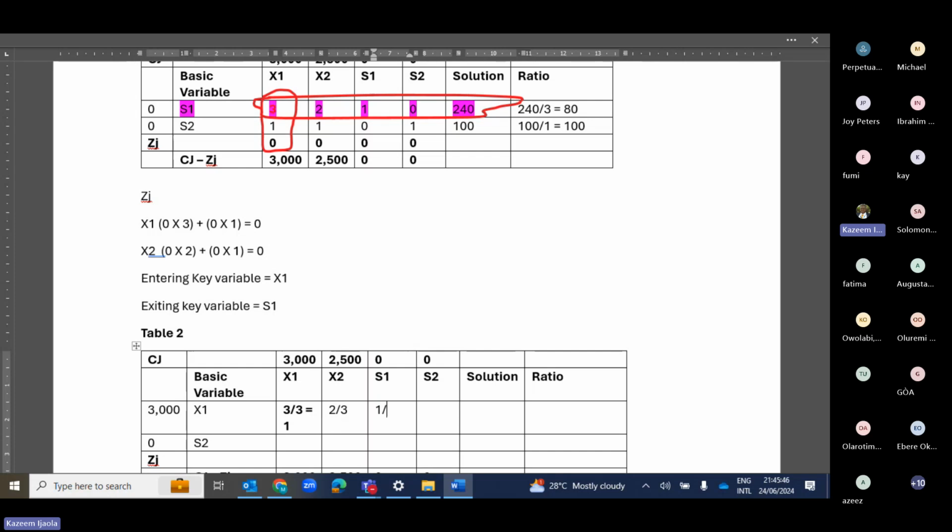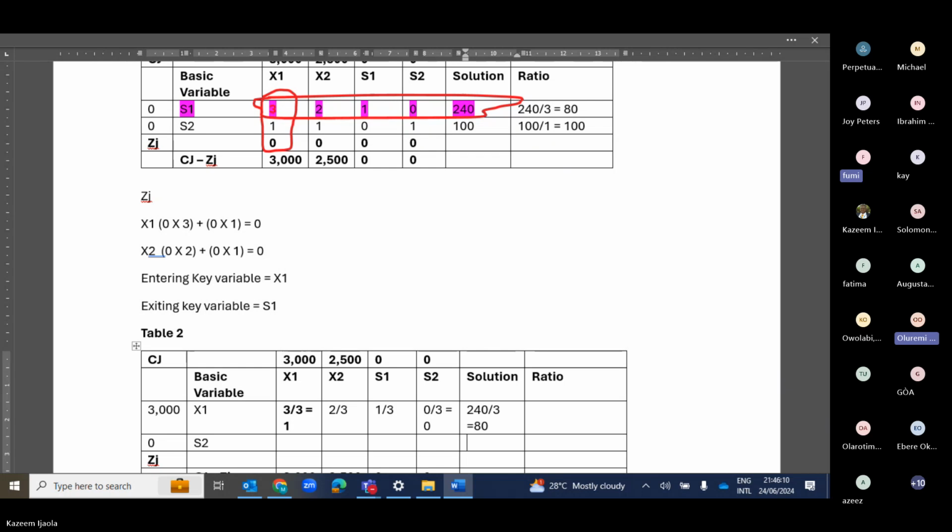Here will be 1 over 3. Here will be 0 over 3, which is 0. Here will be 240 divided by 3, which is what? That's 80. I hope this is clear to you guys.